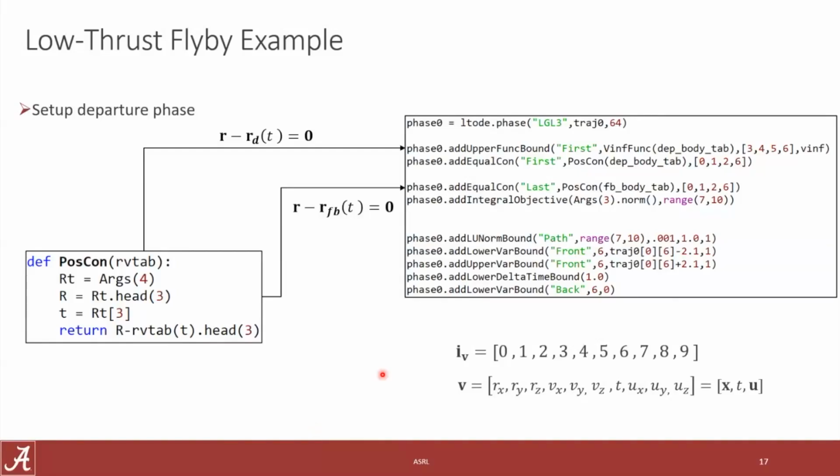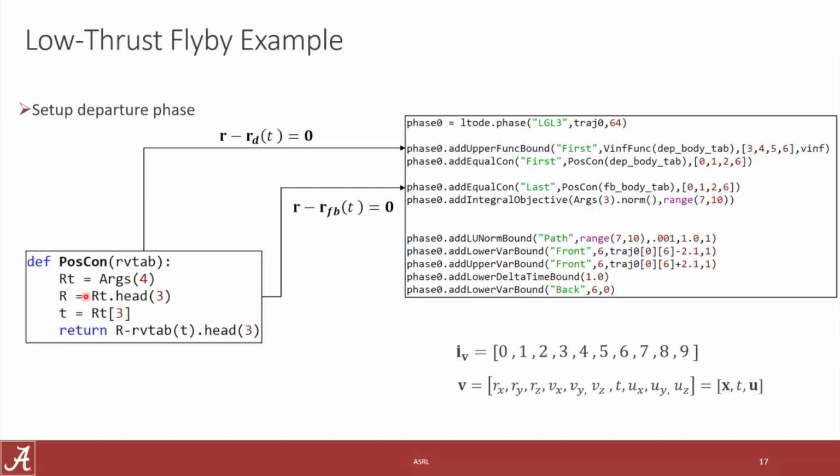So we've constrained the V infinity for this phase 0 for our departure. Now we're adding a position constraint. For the start of our phase, we want continuity with the departure body in position. So we take this position constraint and pass in, for the first, so our initial conditions, the departure body table, handing it our position X, Y, Z and our initial time.